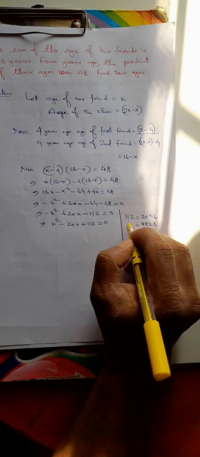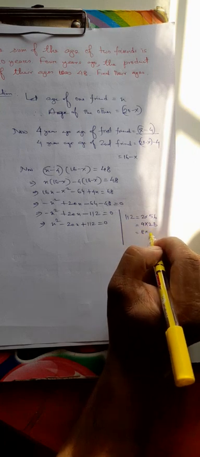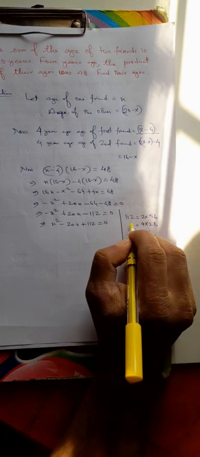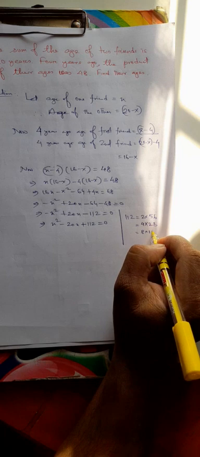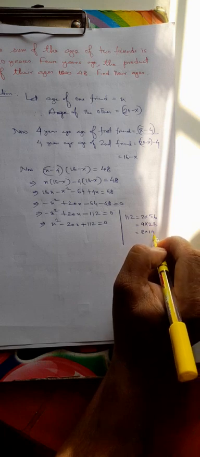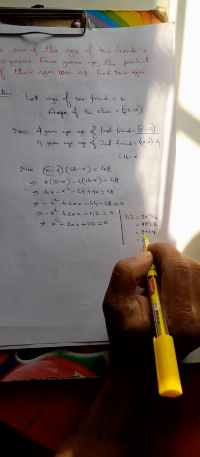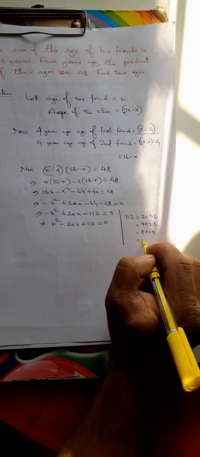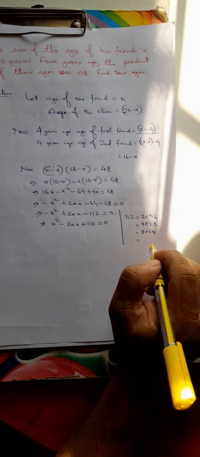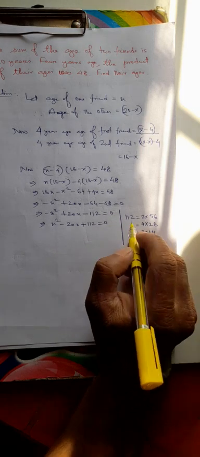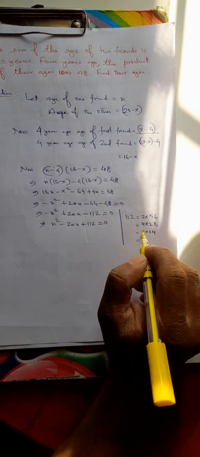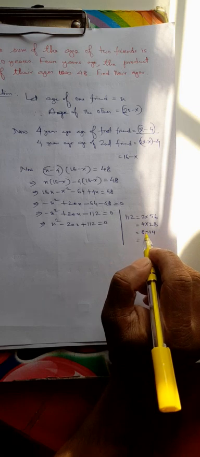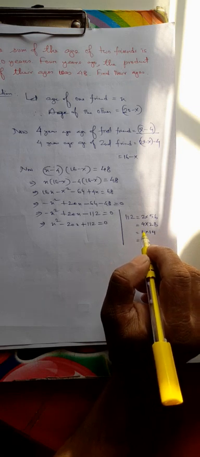If it is divisible by 8, 8 1s are 8. It is not divisible by 9, and divisible by 12? Let's check it. 12 8s are 96. 12 9s are 108.